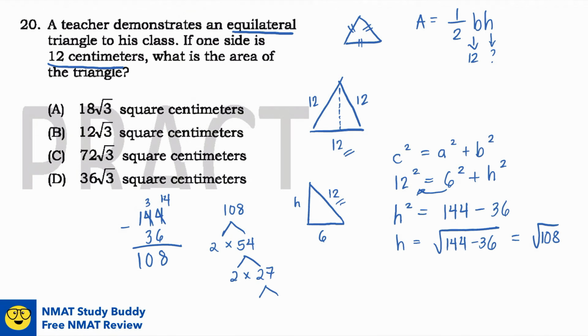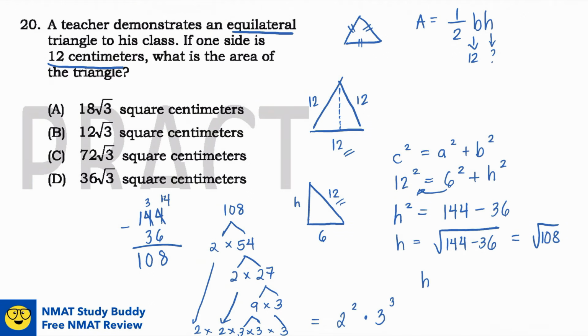Yung 27 equal yan sa 9 times 3, and yung 9 can be written as 3 times 3. So, yung 108, pwede natin siya isulat as 2 times 2 times 3 times 3 times 3, or equal sa 2 squared times 3 raised to 3.